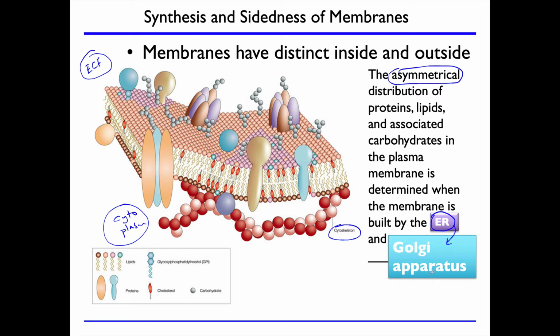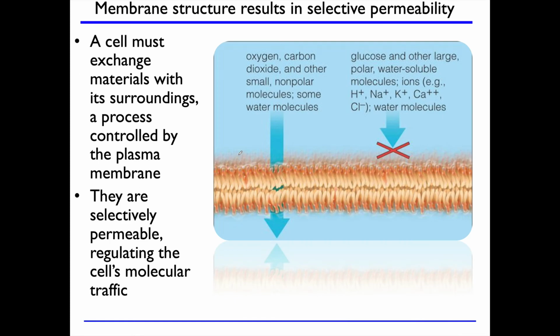And eventually from here, we have vesicles once again take those products to likely the plasma membrane on the outside of the cell, and then perhaps become part of the cell membrane's unique set of structures that you see here in this picture. All of those unique structures are going to aid in its ability to be selectively permeable, okay?